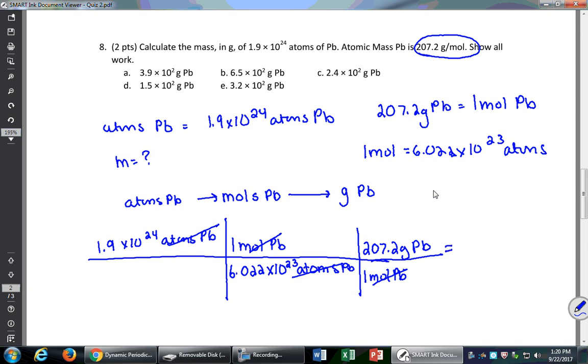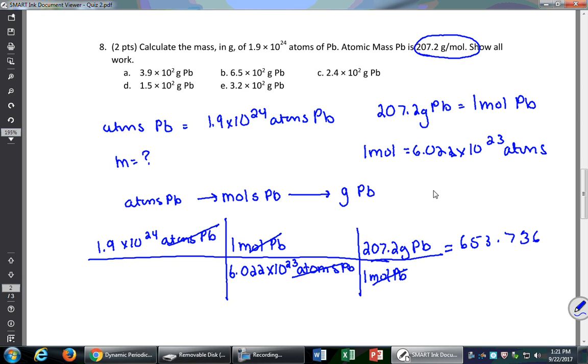Now all I have to do is the calculation. I started with 2 significant figures. My periodic table molar mass is in 4. Avogadro's number, I have 4. So my final answer is going to be in 2 significant figures because that's what I'm starting with. So that comes out to 653.736.